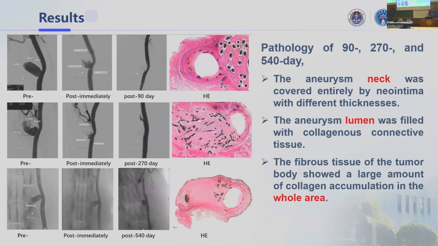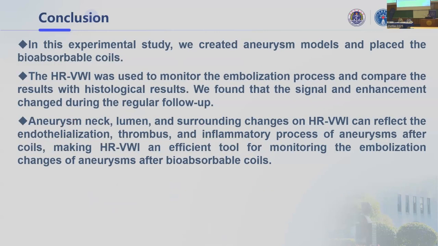For the pathology, the aneurysm neck was covered entirely by the new intima with different thickness, and the lumen was filled with collagenous connective tissue. So in conclusion, in this experimental study, we created the aneurysm model and placed the bare suburban coil.